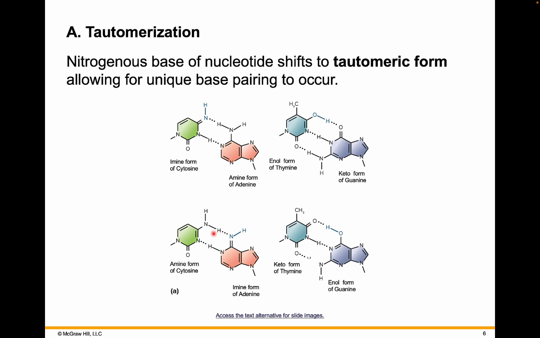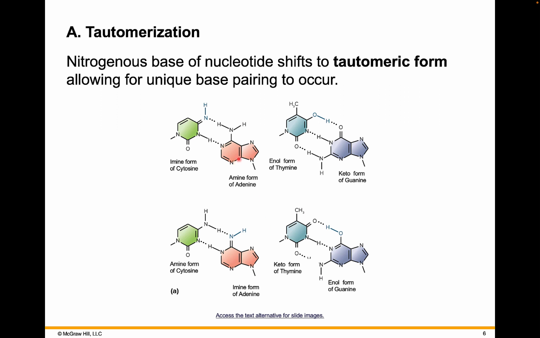This is the normal form, and in this form the adenine will base pair easily with a T, and the cytosine will base pair with a G, a guanine, right here. On the other hand, sometimes this NH2 is converted into the imine form, NH right here, the amine form to the tautomeric imine form.